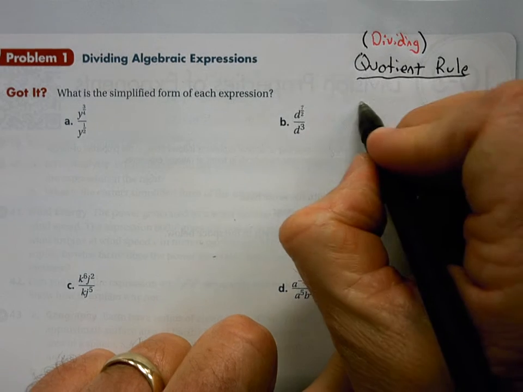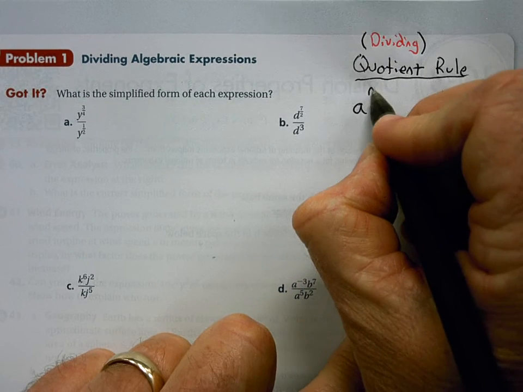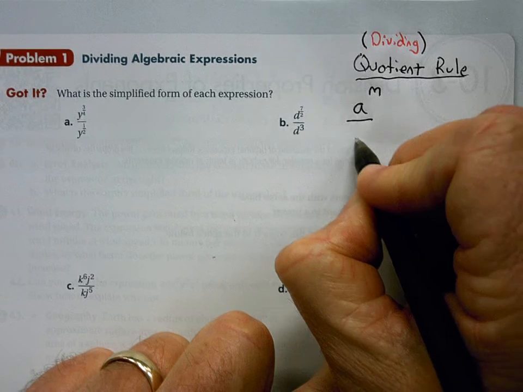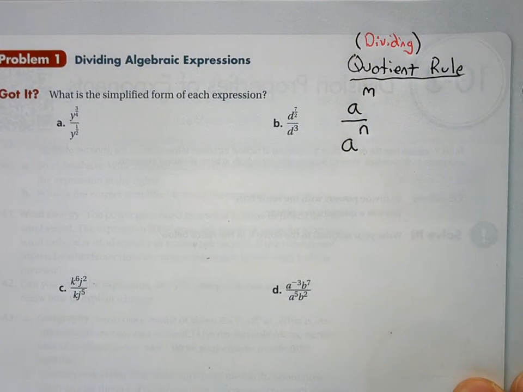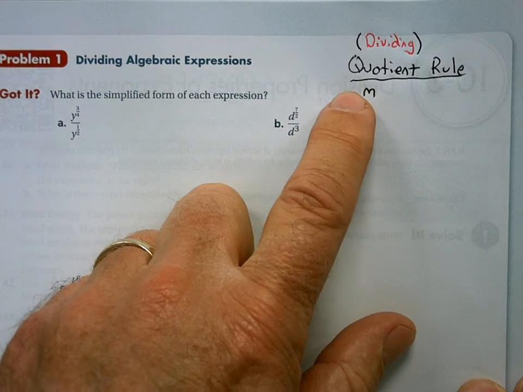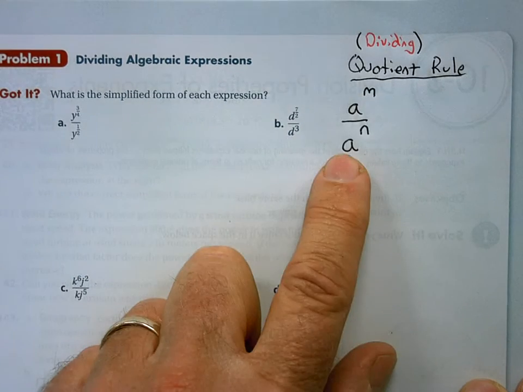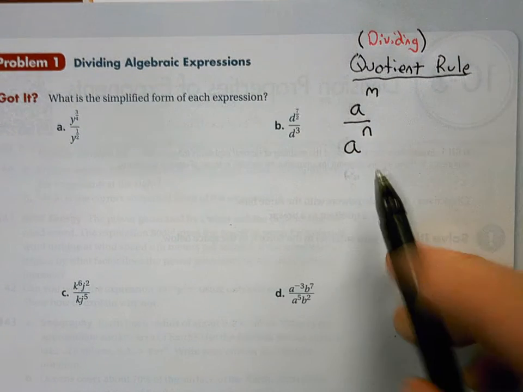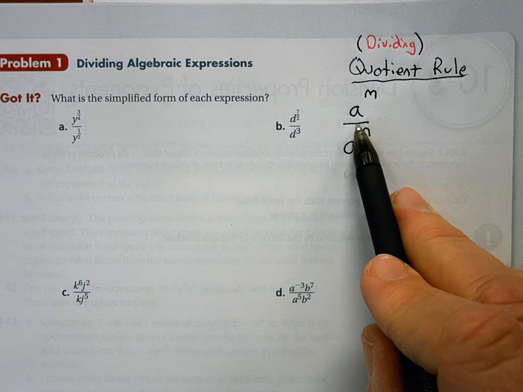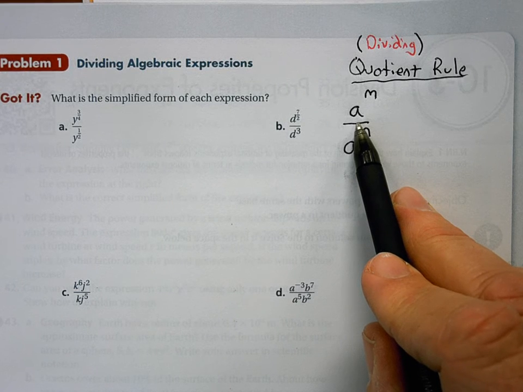The quotient rule tells us that if we are dividing two numbers that are in exponential form, like a to the exponent of m, and if we're dividing it by a to the exponent of n, and if you didn't know that, that line right there, which indicates a fraction, is telling you to divide.